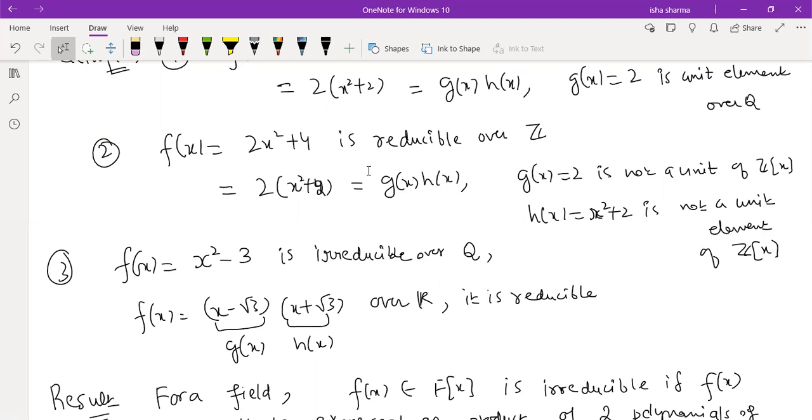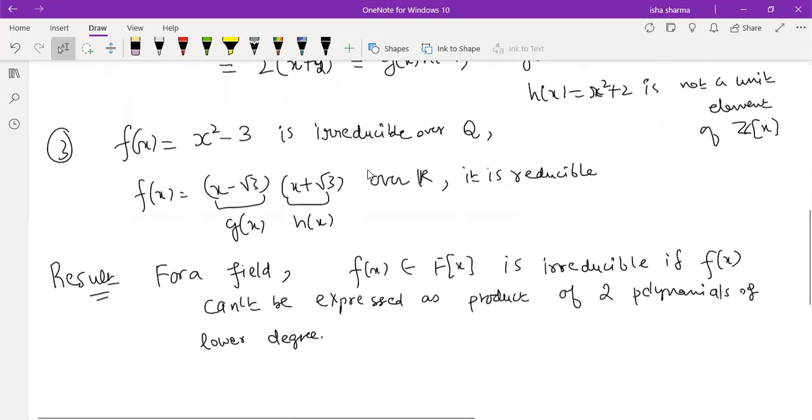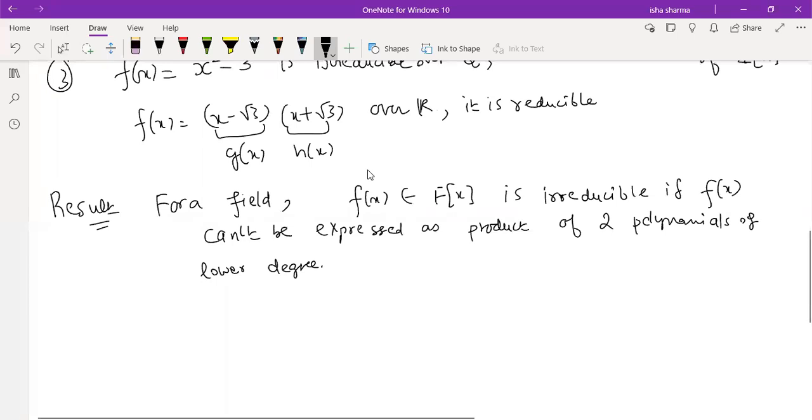So over integral domains this result is not applicable, that it is reducible if and only if it can be written as a product of two lower degree polynomials. Here the factor is not of lower degree, it is of the same degree, but it is still reducible by the main definition, which says that neither of the factors should be a unit element. But for fields, this is the result which you can use to see the reducibility or irreducibility.